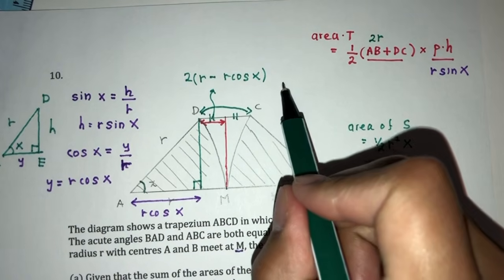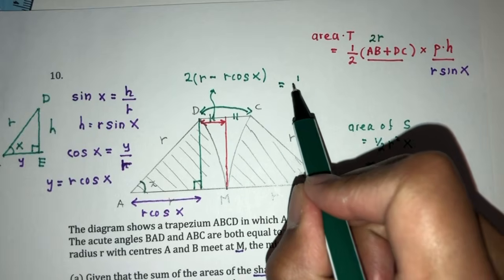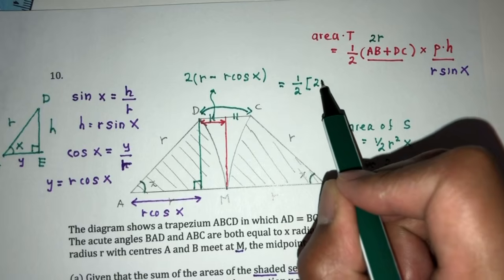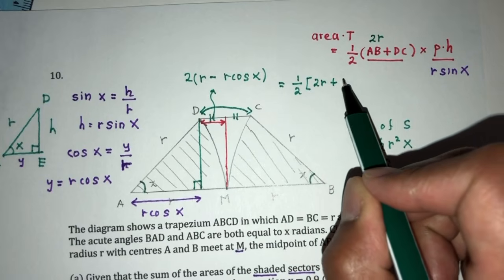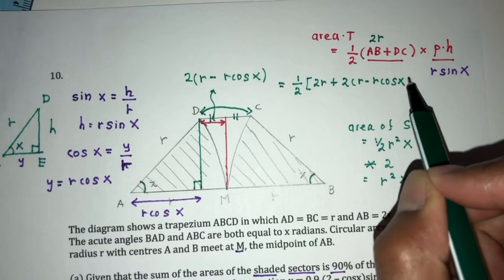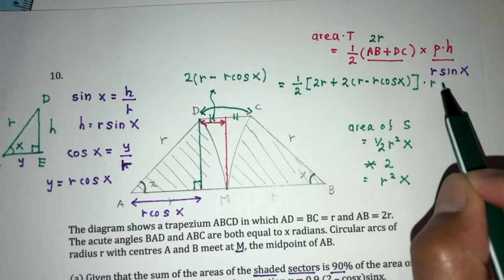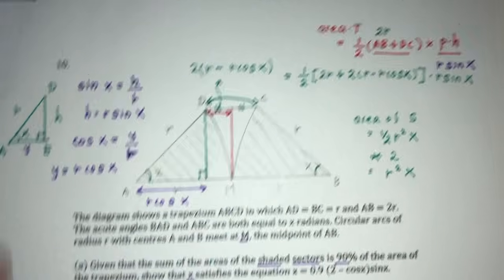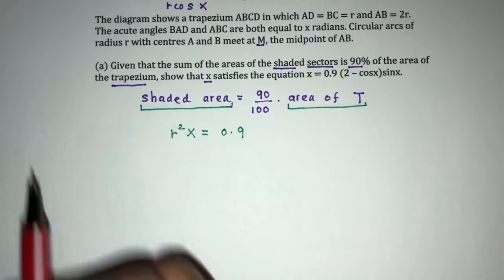So now next thing, we just have to replace back in the equation. That will be half, and then we have 2r plus 2 times r minus r cos x, times r sin x. So let me bring this down and simplify this, if I can do that. So that will be half here.